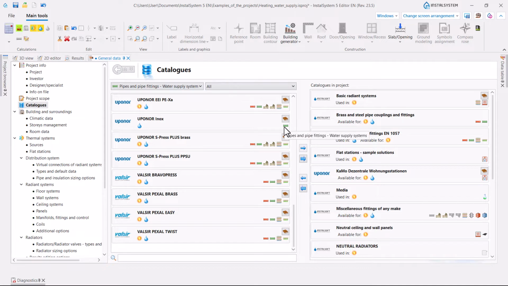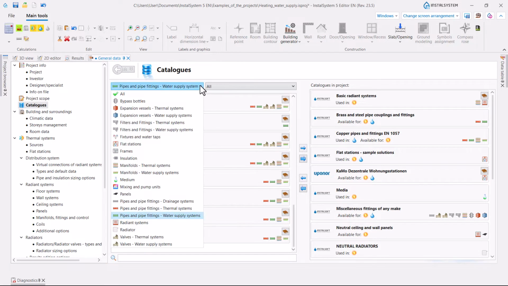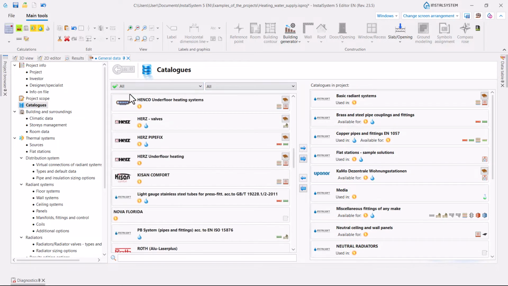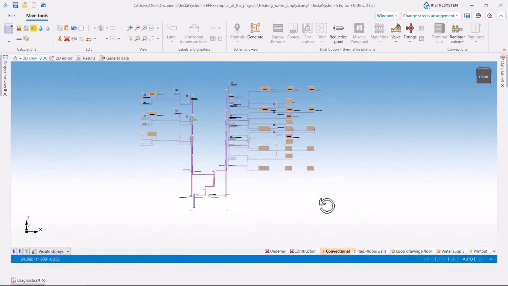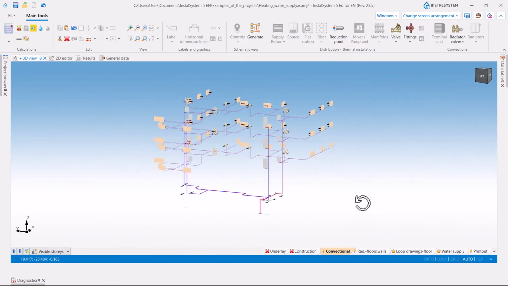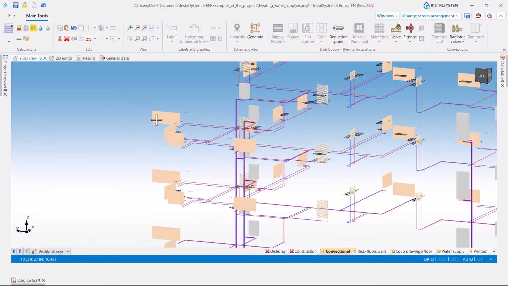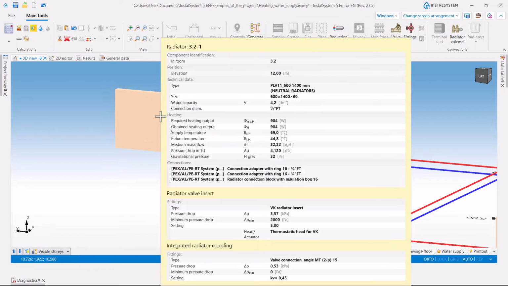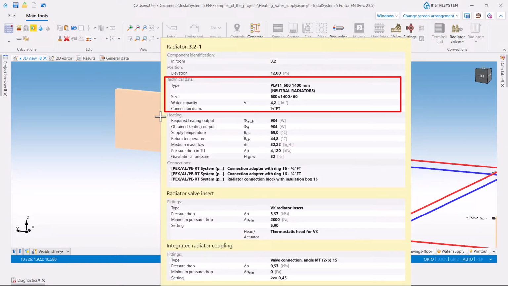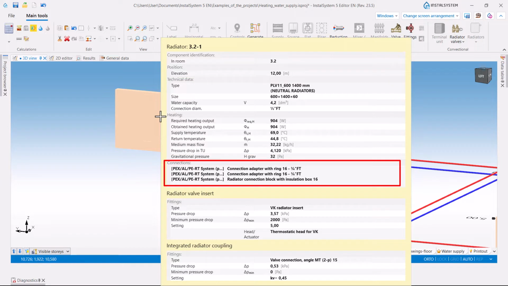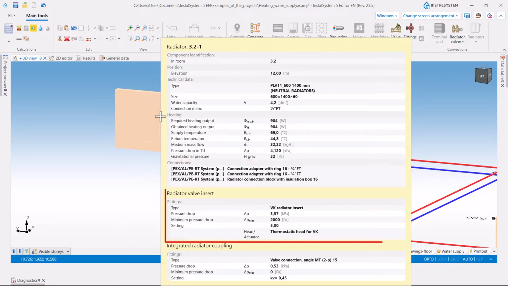Databases include all dimensions and technical parameters for hydraulic and thermal calculations and other data required to create detailed bill of materials. Such comprehensive databases make it possible to analyze each element of the system at every stage of design process.